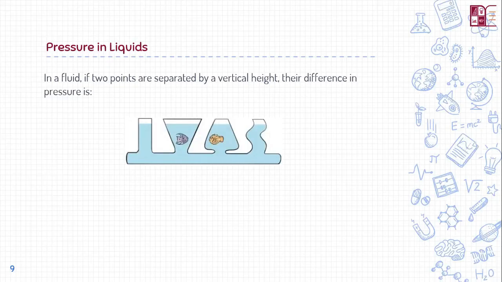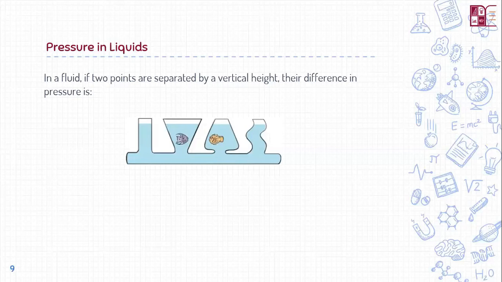Now in a fluid, if two points are separated by a vertical height, the difference in pressure is: change in P equals rho g change in h. So the only change in pressure comes from the change in height.